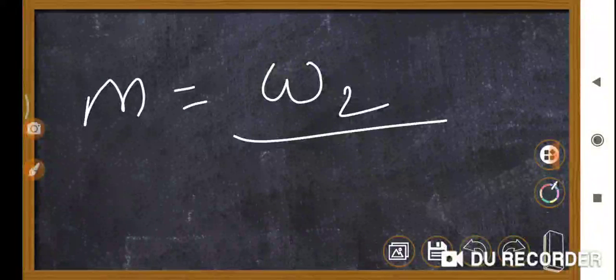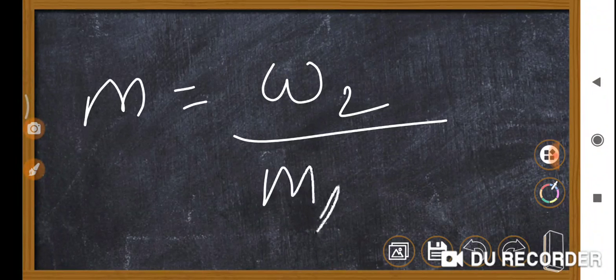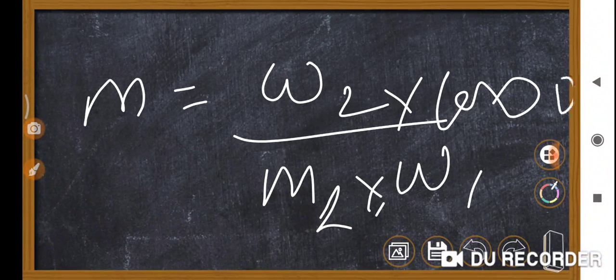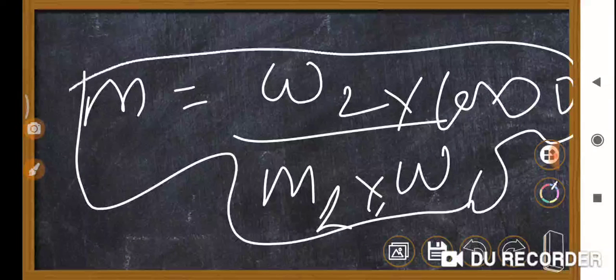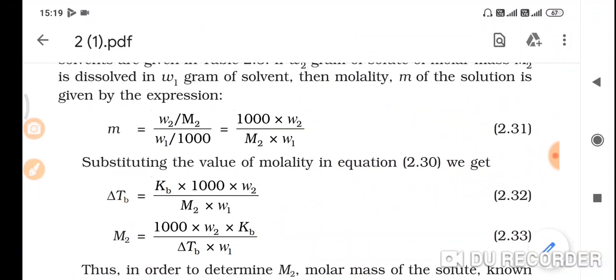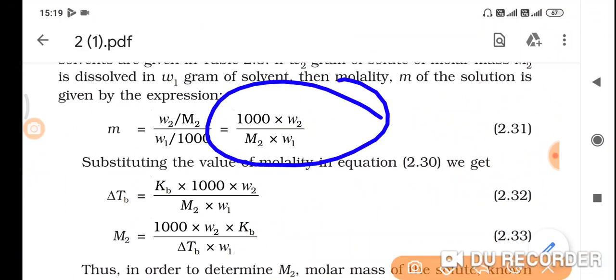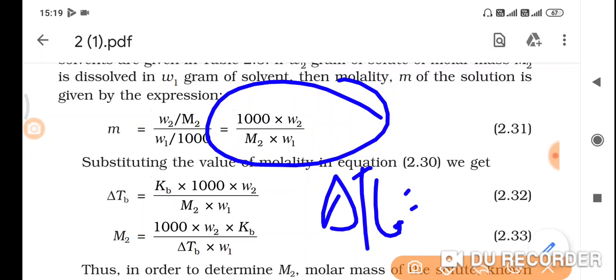So I'm going to rearrange this. Molality will become W2 by M2 into W1 into 1000. So this is the formula of molality that will appear, right? The same thing you will find here, 1000 into W2 by M2 into W1. So delta TB is equal to KB into m.